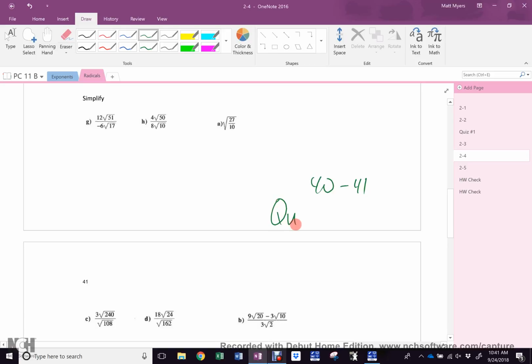Tomorrow is quiz on what? Simplifying, adding, subtracting, subtraction of radicals. No multiplying, because we haven't gone over it.